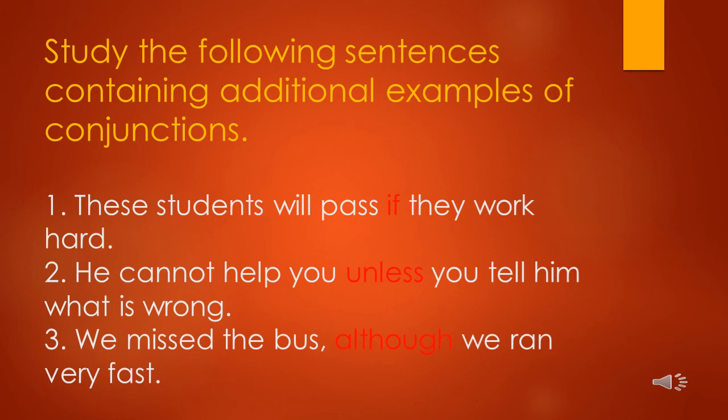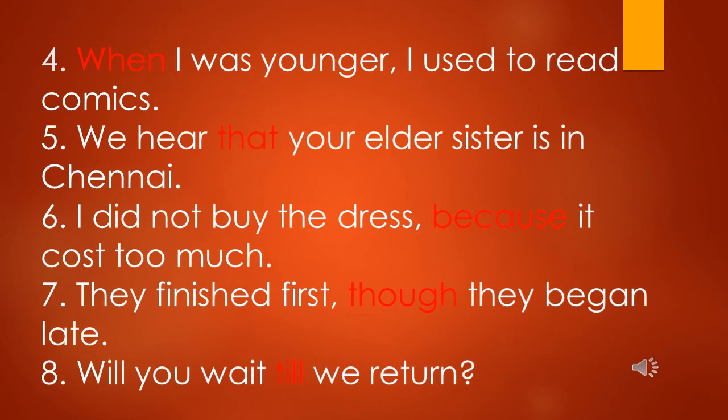Sentence number 3. We missed the bus although we ran very fast. Here the conjunction is although. Sentence number 4. When I was younger, I used to read comics. So here two sentences are I was younger, I used to read comics. And these two sentences are joined with the help of the conjunction when.